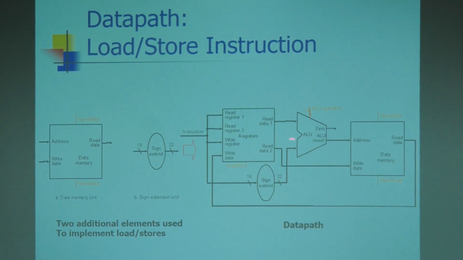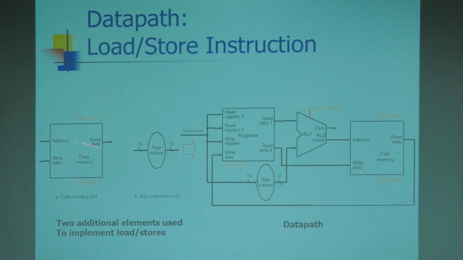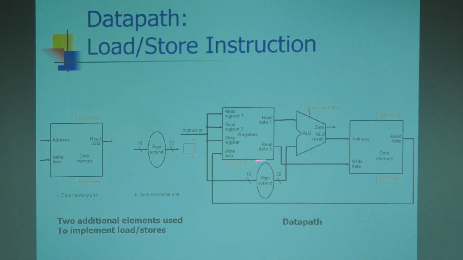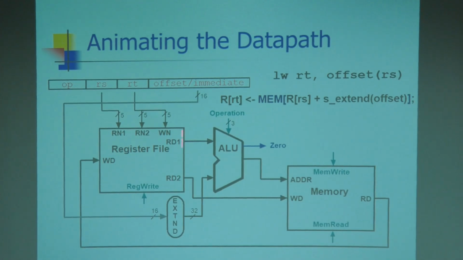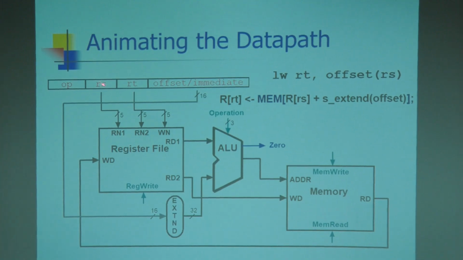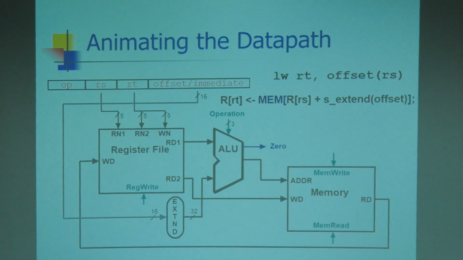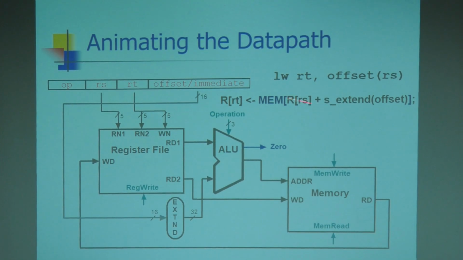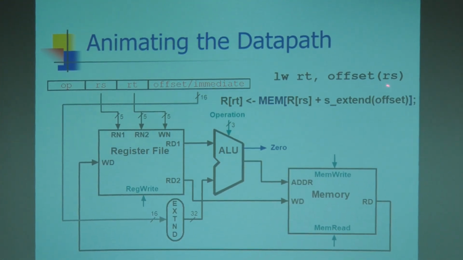The read connection, the write connection, and the address. You will see the template once again in the next slide. This is the template for the I-format instructions. I-format is related to memory reference instructions, read operation and write operation.